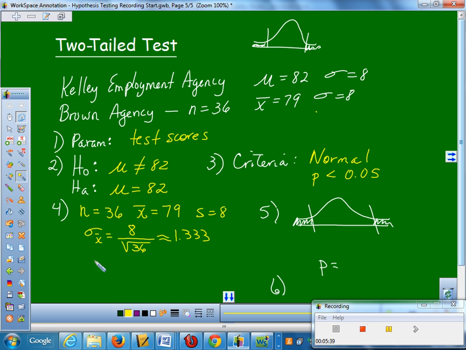The other thing we need, most critical of all, is the z-star, our test statistic, which has to compare the sample mean minus the population mean, so 79 minus 82, divided by our standard error. And if we actually divide that out, we will find that we get 2.25.